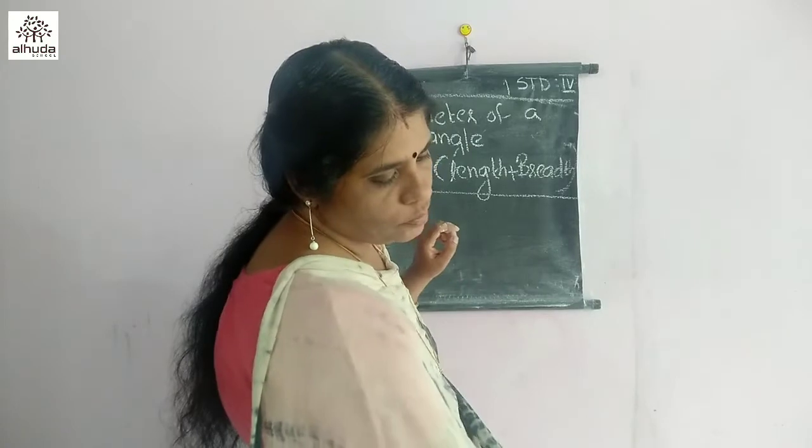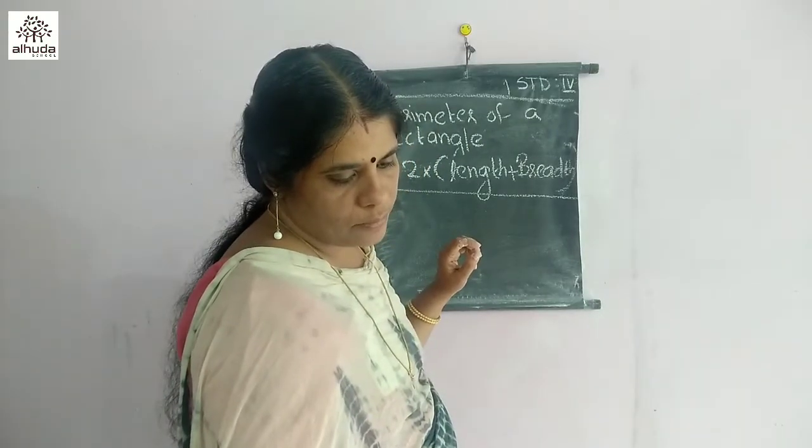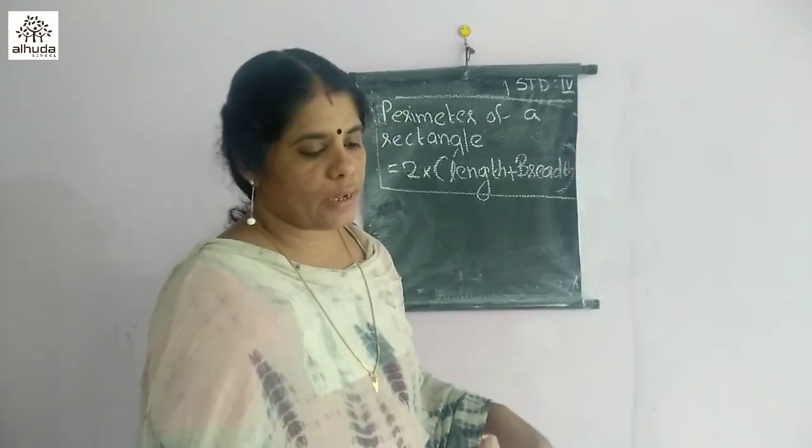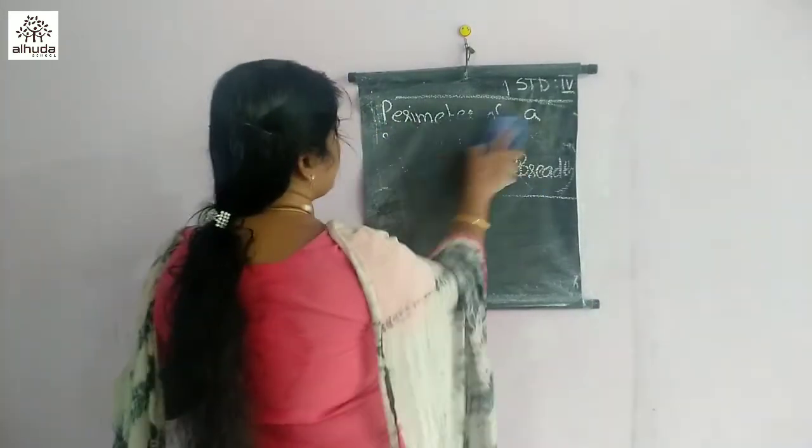Okay. One question will come like this. Find the perimeter of the rectangles whose length and breadth are given below. Question will come like this.